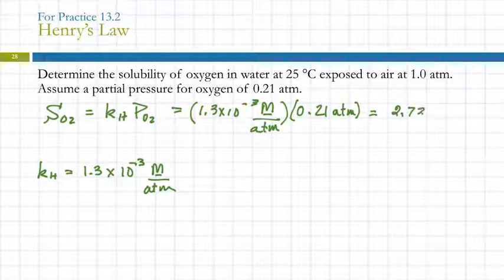That gives 2.73 times 10 to the minus 4 molar. I'd have two sig figs.